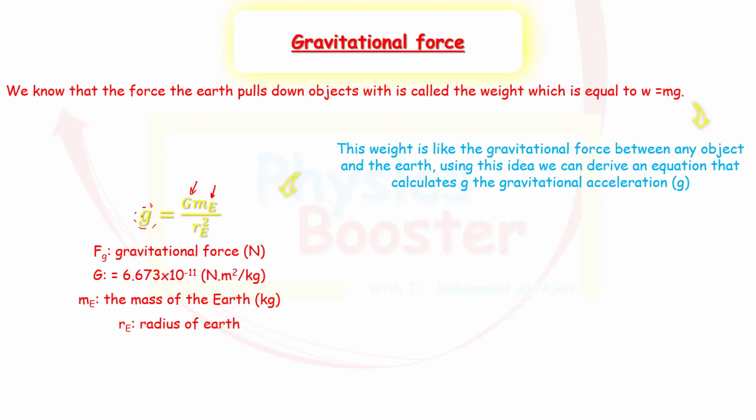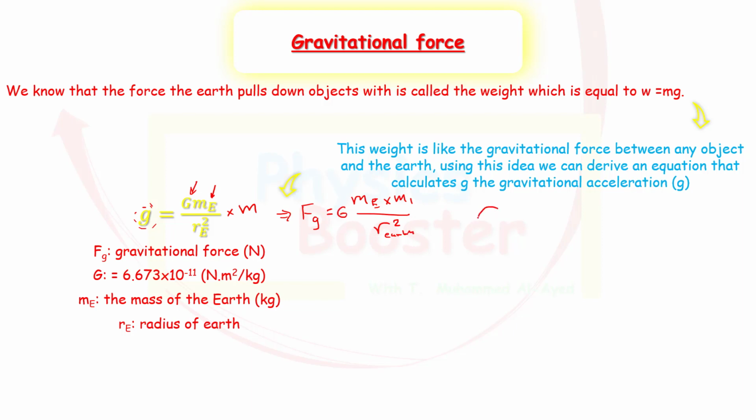So this is g. If we multiply it by m, the mass of the object, we're back to the general equation that says Fg is equal to m of Earth, for example, multiplied by m of the object, divided by r squared, the radius of Earth squared, multiplied by this G capital.